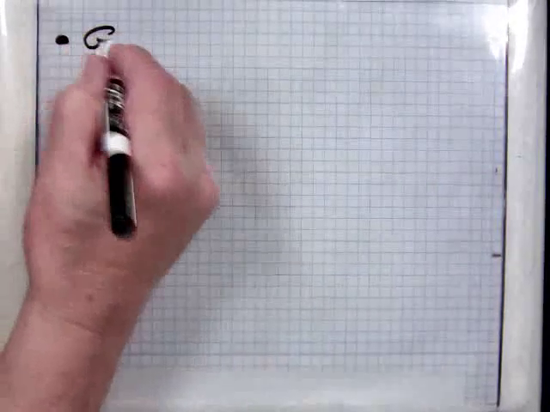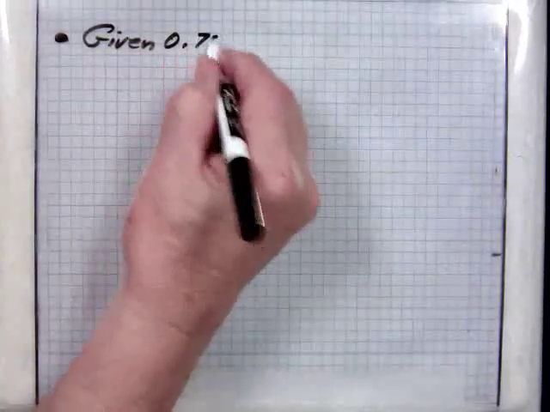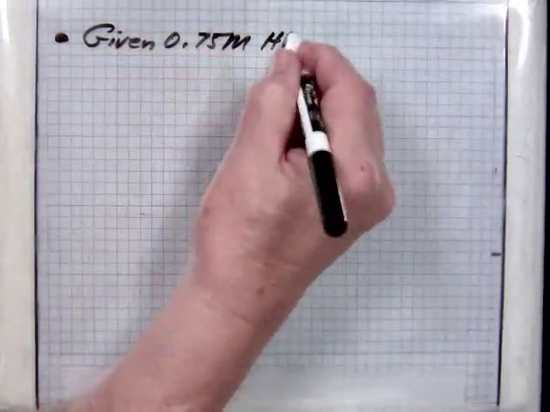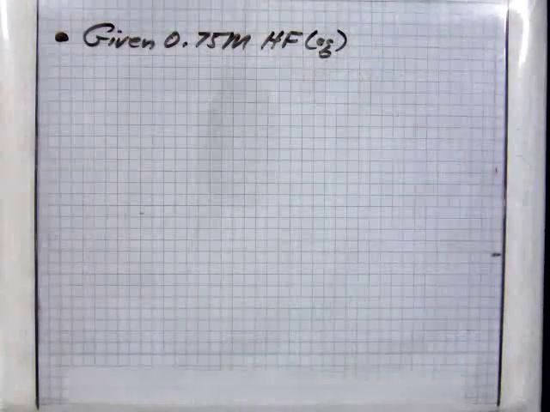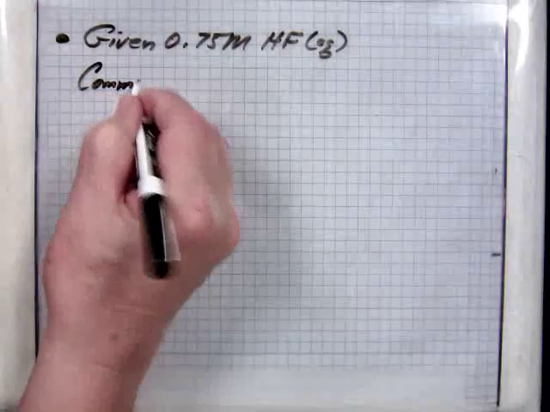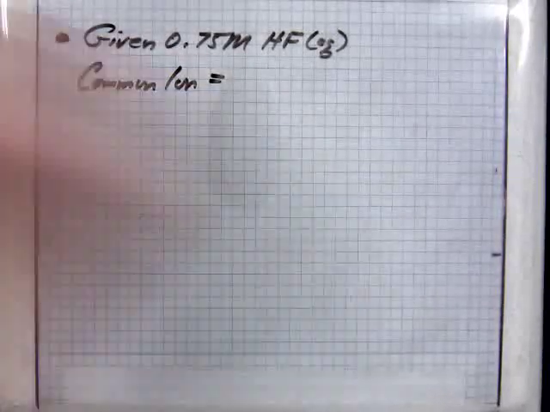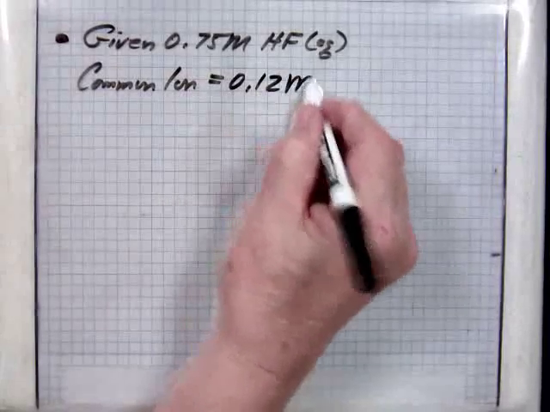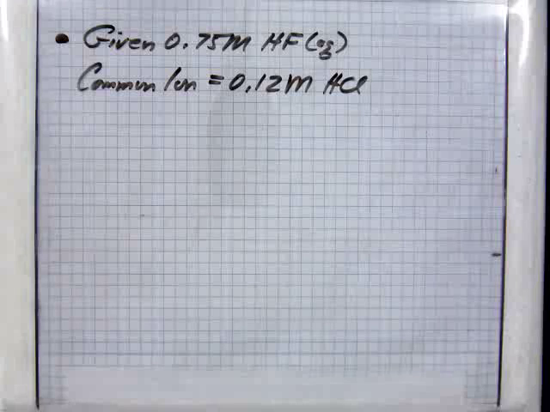Okay. Here's what I'm given. A 0.75 molar hydrofluoric acid solution, and the common ion is equal to 0.12 HCl in that.